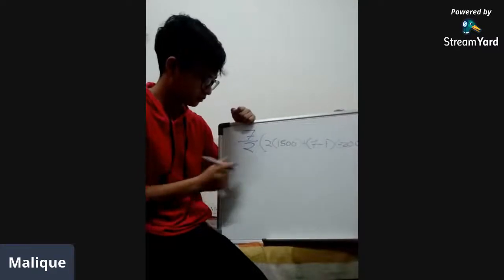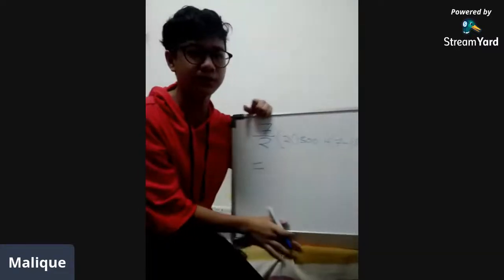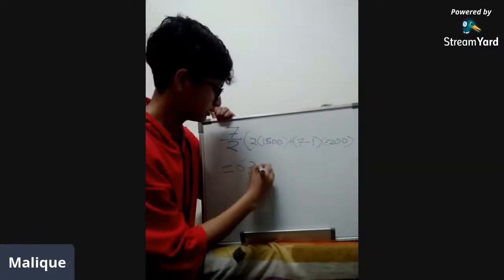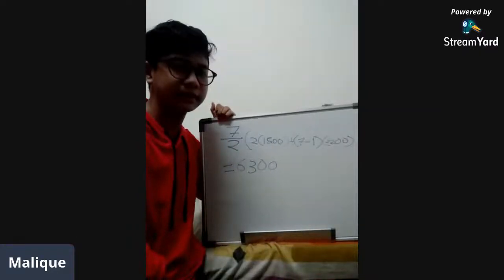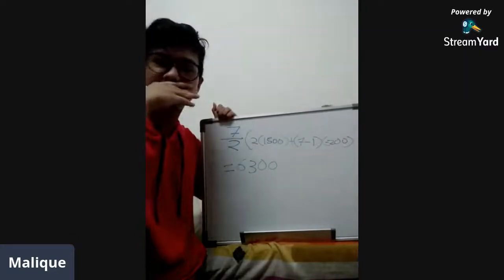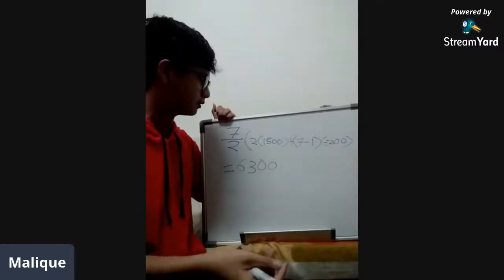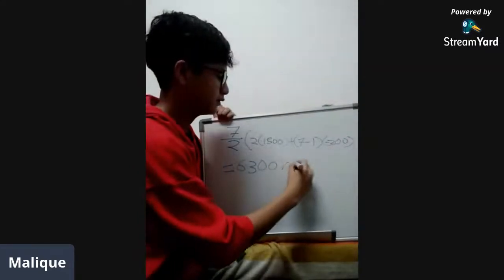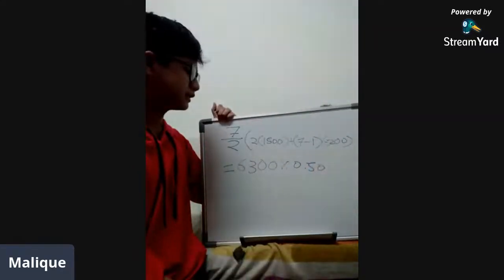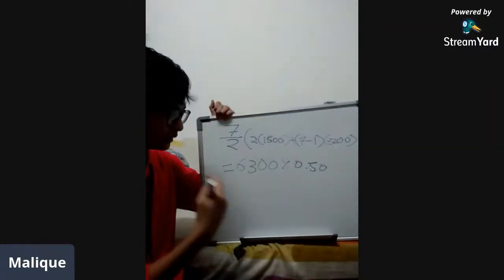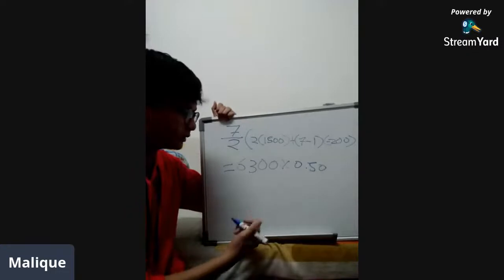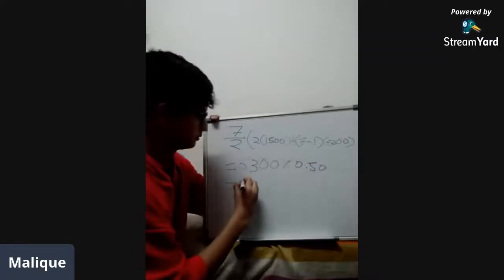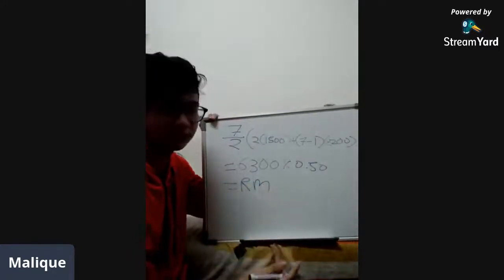You can either count this traditionally or use your calculator, and you will get the answer, which is 6,300 chickens. And from the question, for a single chicken, the price of food cost is 50 cents. So take 6,300 chickens, multiply by 0.5, and we will get our final answer, which must be in ringgit because we're counting the total expenses.